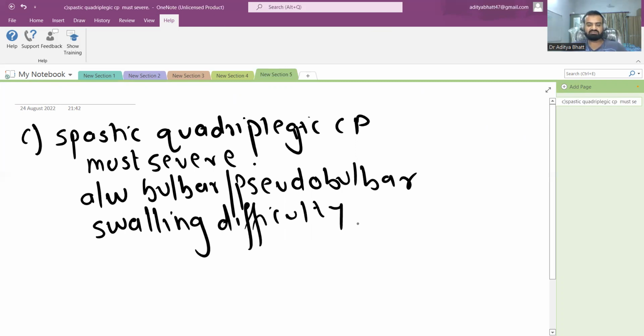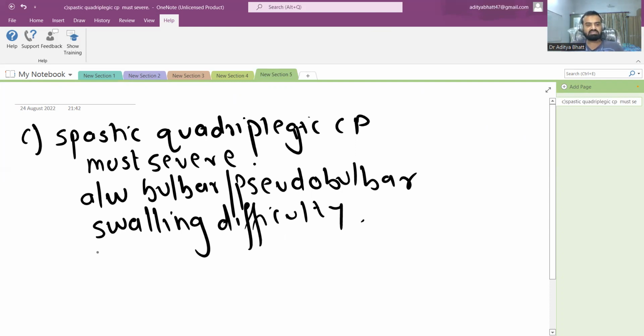Now you know the difference between bulbar and pseudobulbar palsy. Bulbar palsy is involvement of the medulla, and pseudobulbar is involvement of the upper parts above it, which might act like a bulbar palsy. Please mind my spelling. It is swallowing, not swelling.